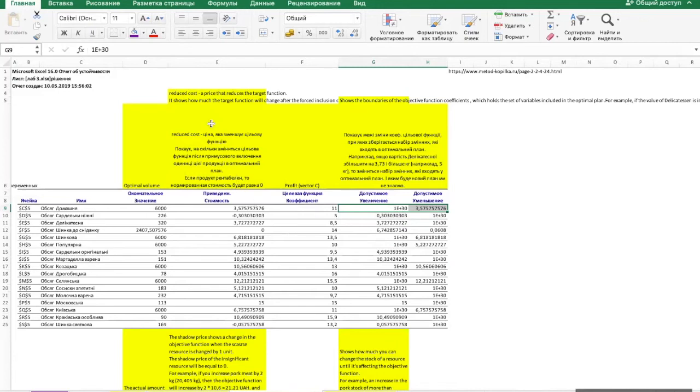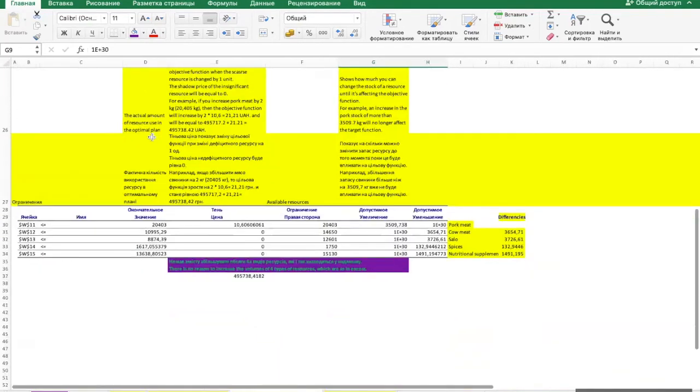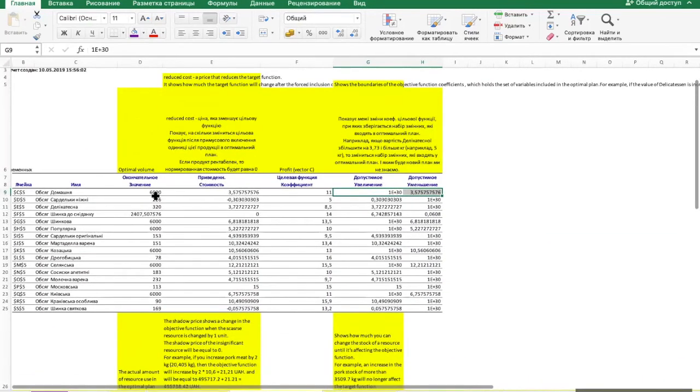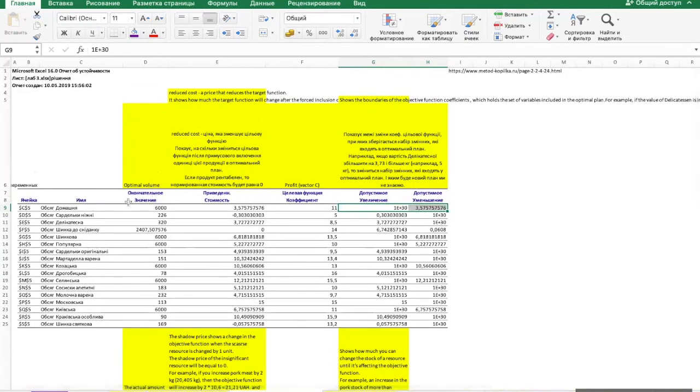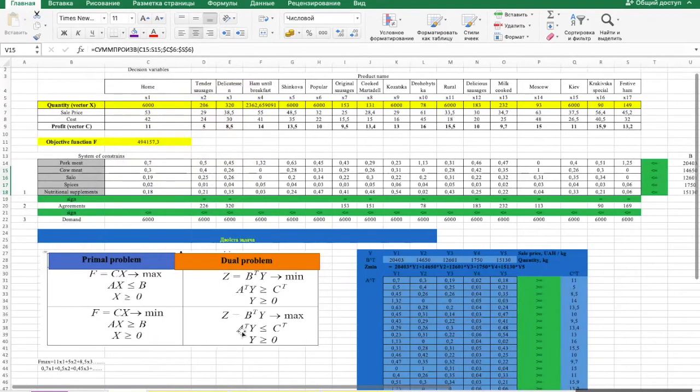So again, in this sheet we will have two tables. The first table is, again, about our products. We have our 17 kinds of sausages. We have their optimal volume or optimal quantities according to our optimal plan, which we found in the solution sheet.